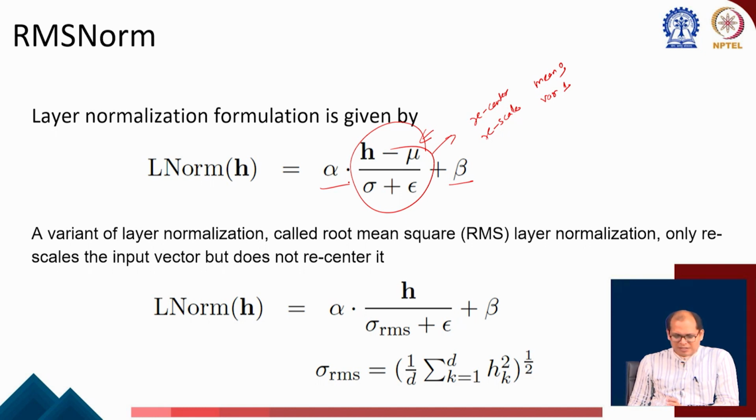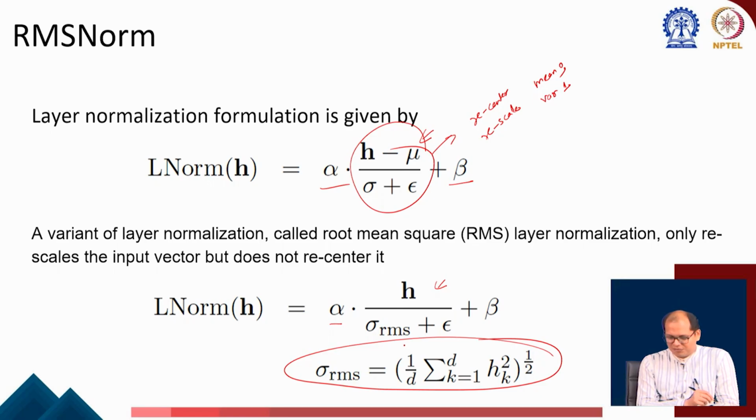So what do they do in RMS norm? Rather than doing this, they will not recenter it, but they will rescale it using the L2 norm. So they take alpha times h divided by the L2 norm of the values, which is simply the square root of h1 square plus up to hd square.